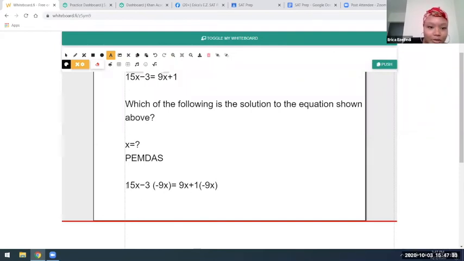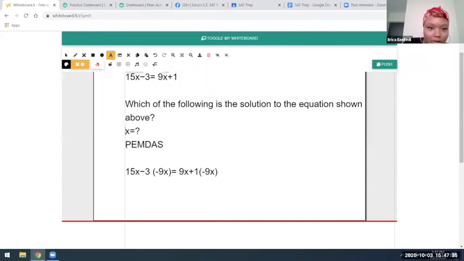Let me just scooch this up a little bit so I don't run out of space. So 15x minus 3 minus 9x equals 9x plus 1 minus 9x. So how does this simplify? It simplifies to 6x minus 3 equals 1.